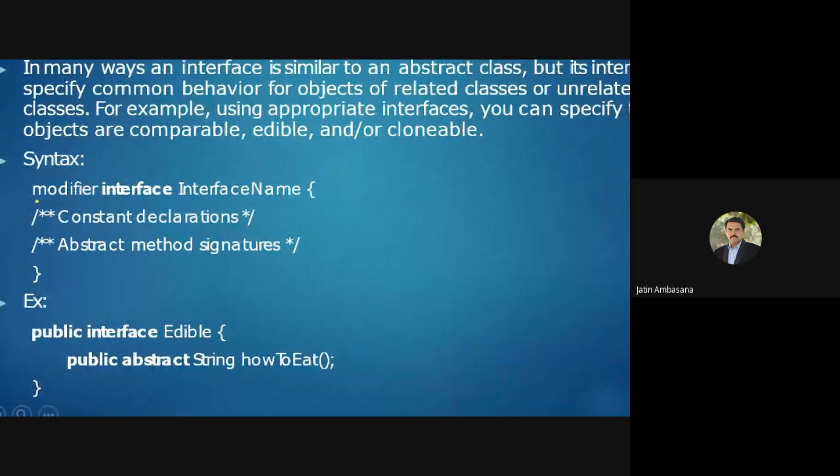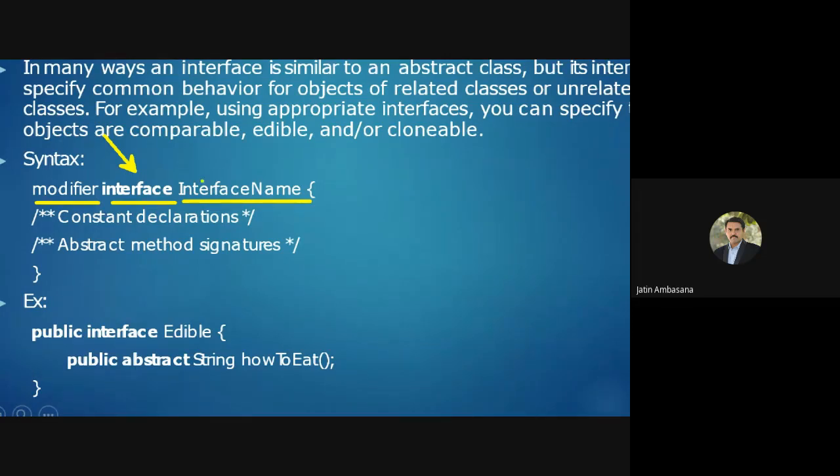So see, how is it declared? It is like using the modifier, then the keyword interface, and then the interface name. The same way we declare a class like this. First the modifier, yes, then comes the class keyword, and then the actual class name, right?